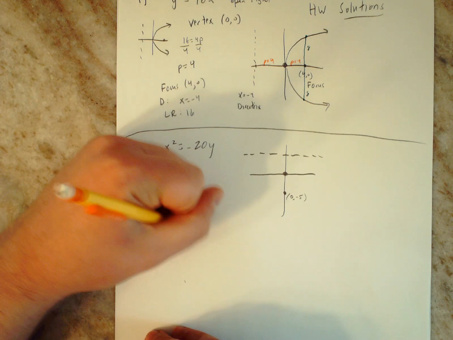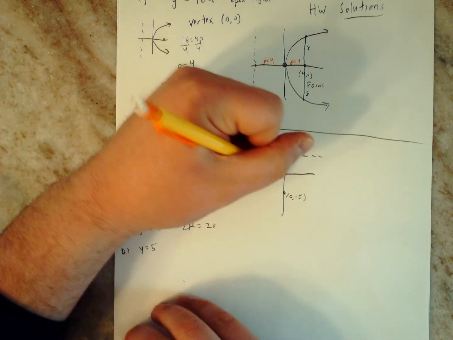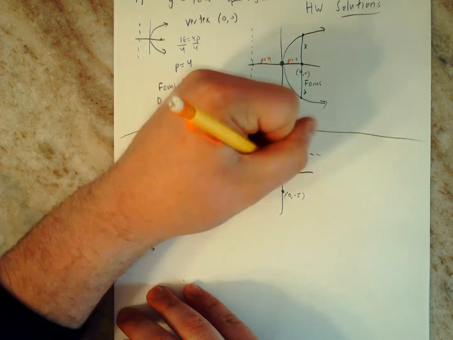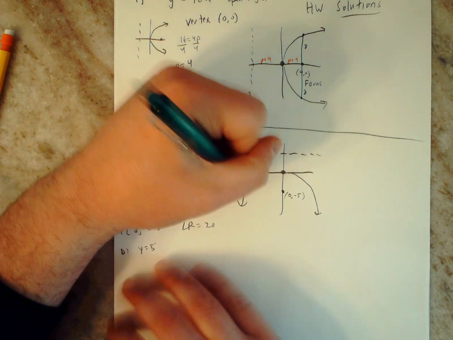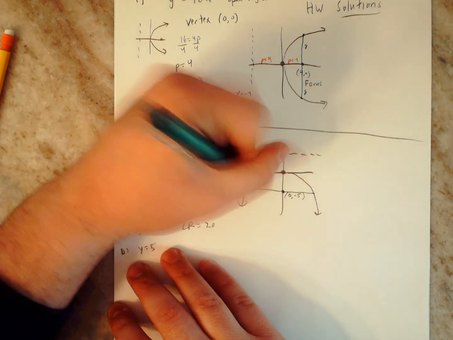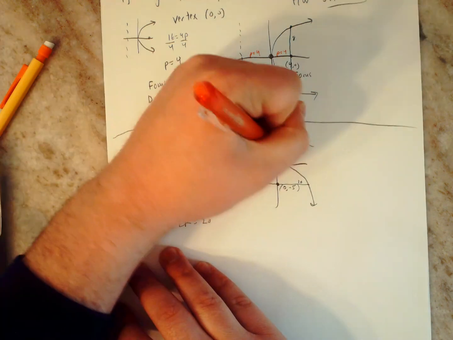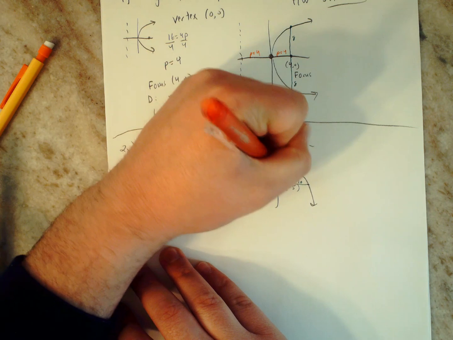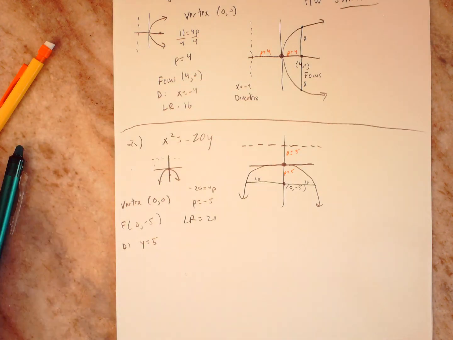And my LR is going to be 20. So my parabola is going to look like that, where this is 10 and 10. My p-value here is 5. And there you go. There's number 2.